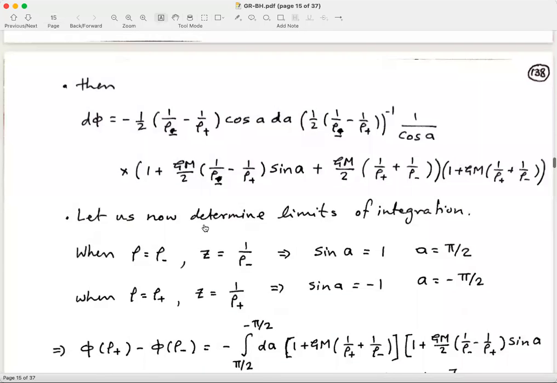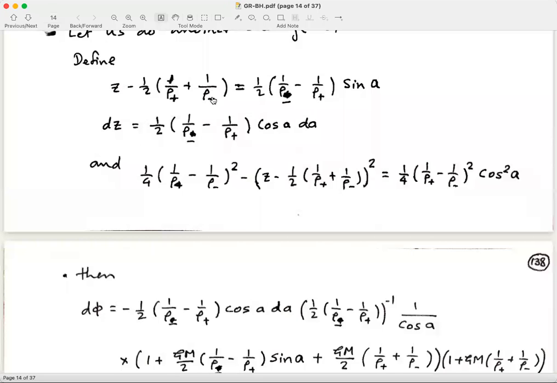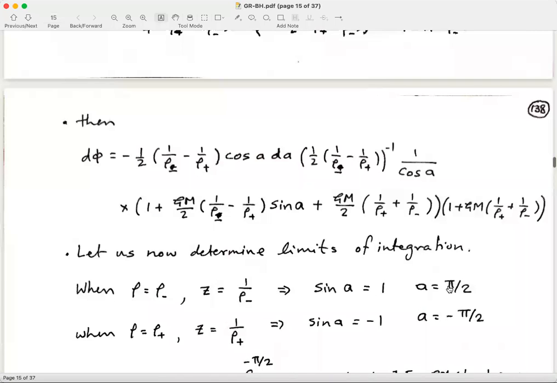Okay, but when z is equal to rho minus, then you can put it back into this expression and you check what happens when z is equal to rho minus, that would kind of flip the sign of rho minus here, because 1 over rho minus minus 1 over 2 rho minus will give you, I mean, it will give you minus half of rho minus, or rather plus half of rho 1 over rho minus minus 1 over rho plus, okay, which is exactly this expression that tells you that your A must be pi by 2. Okay, so that's what you get.